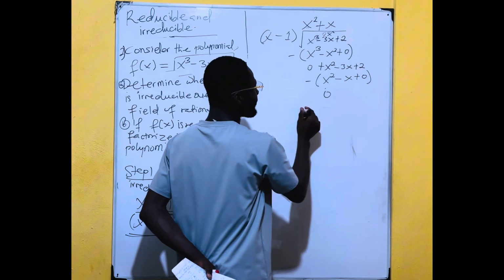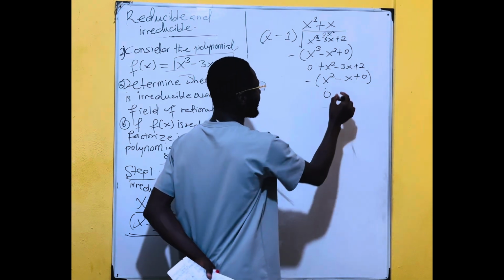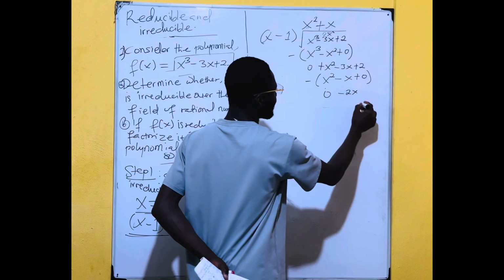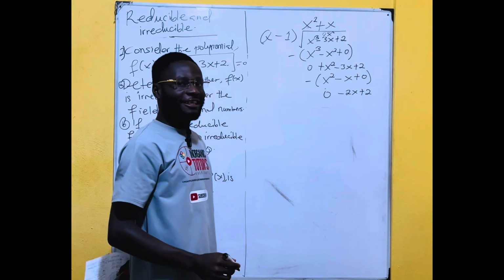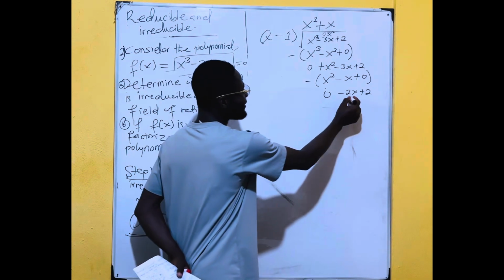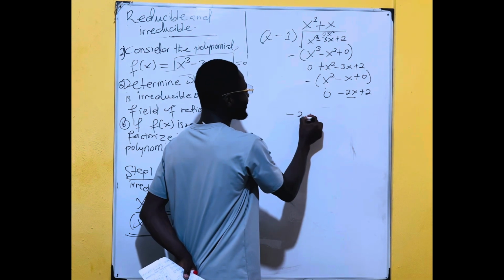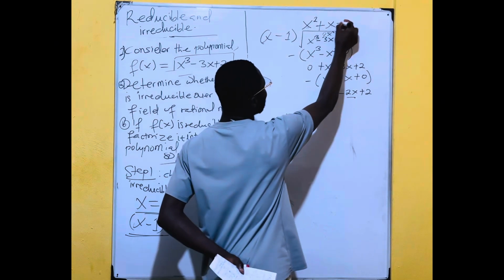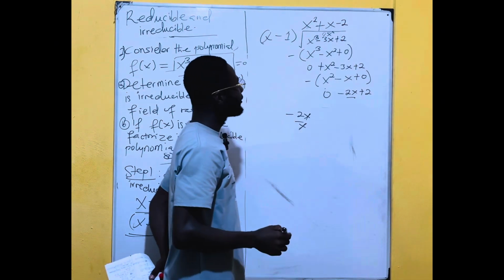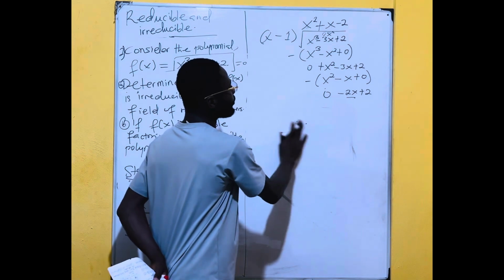Minus 3x minus x becomes minus 2x plus your 2. Great. Now this here, minus 2x divides x. So this takes this, and you have minus 2 in here. Good. So this is what you are going to do.